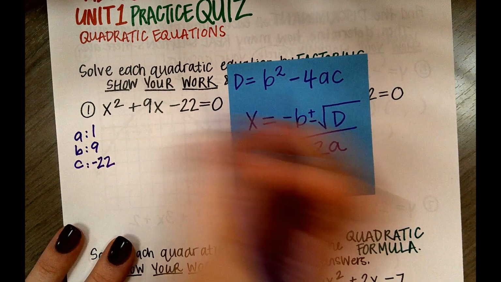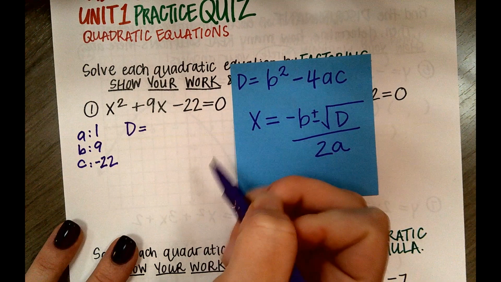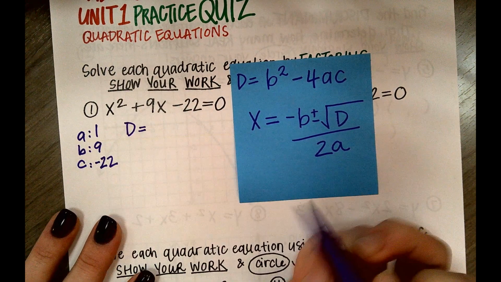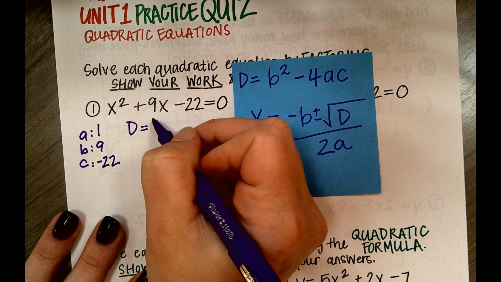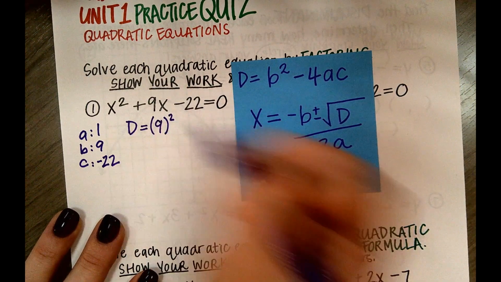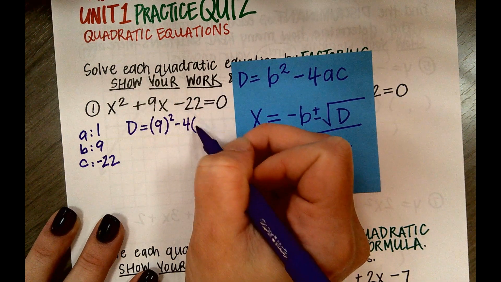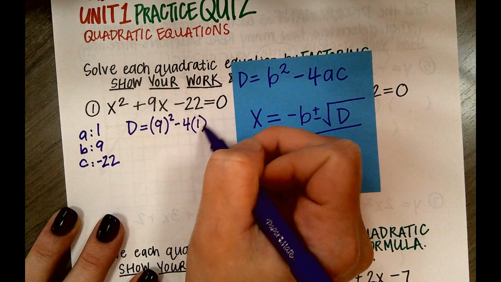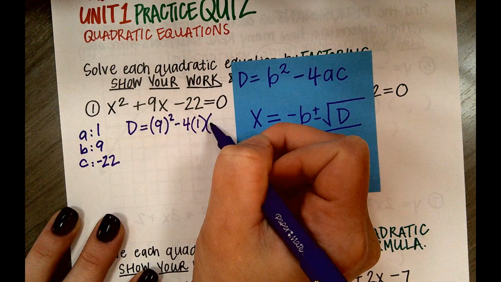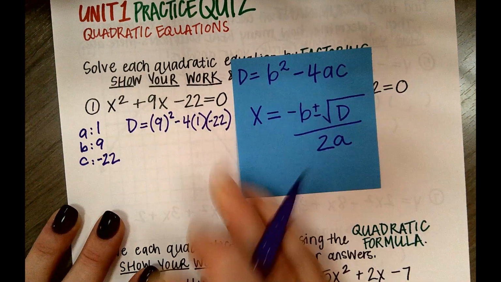Okay, so let's start by finding the discriminant. So D equals, what number gets squared? 9. Good. Minus 4 times ac, so 1 and negative 22. Don't forget it.